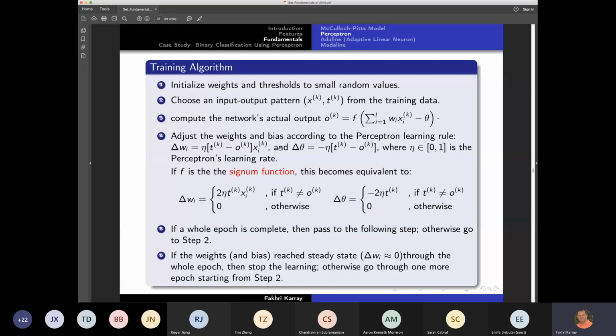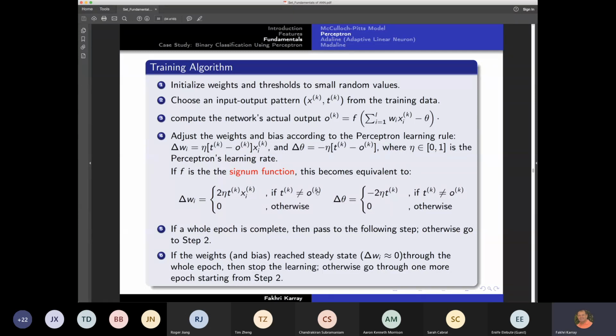Because this f could be 1 or minus 1. So if o_k is equal to the signum function, whether plus 1 or minus 1, then the difference is going to be equal to t_k minus o_k if it is different.